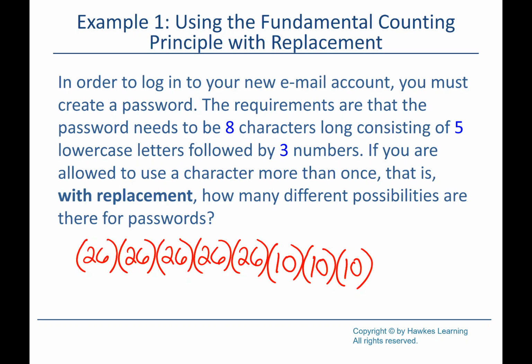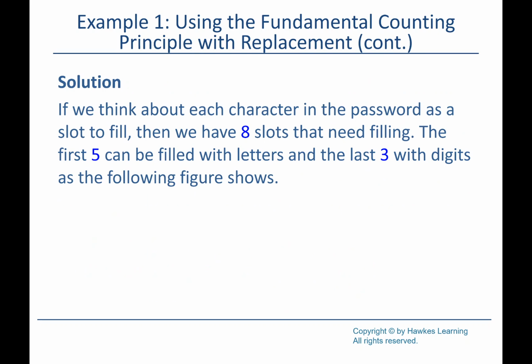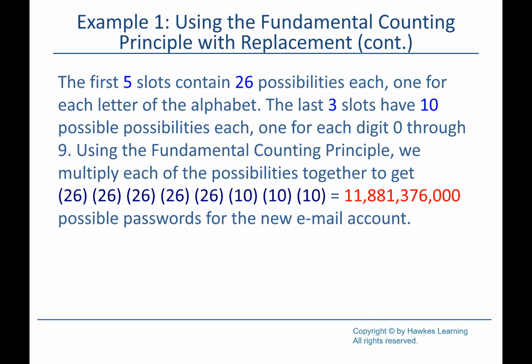Just count how many possibilities we have for each thing, multiply them all together. Okay, this is a really huge number. It asks us how many possibilities we can have. If you do it in your calculator, you're probably going to get scientific notation. So here it is multiplied out. So we have 26 times 26 times 26 times 26 times 26 times 10 times 10 times 10.